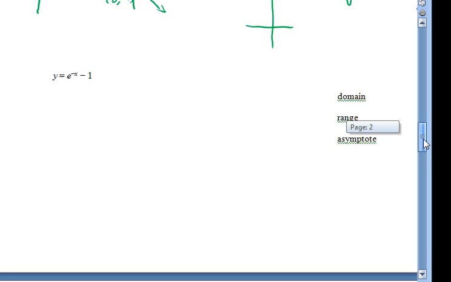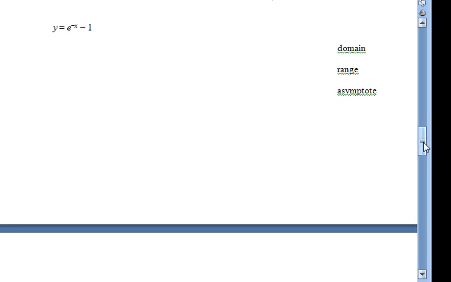In the next example, we have y equals e to the opposite of x, minus 1. So we start with y equals e to the x, this time go to e to the opposite of x, and then subtract 1.